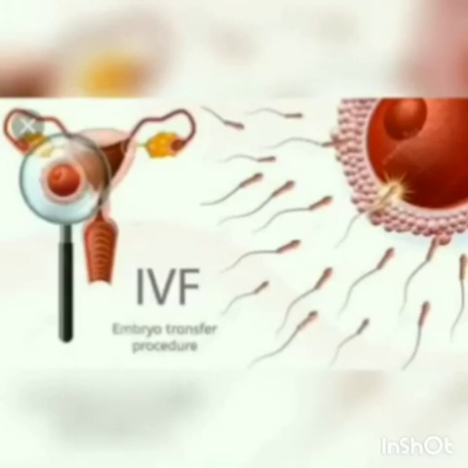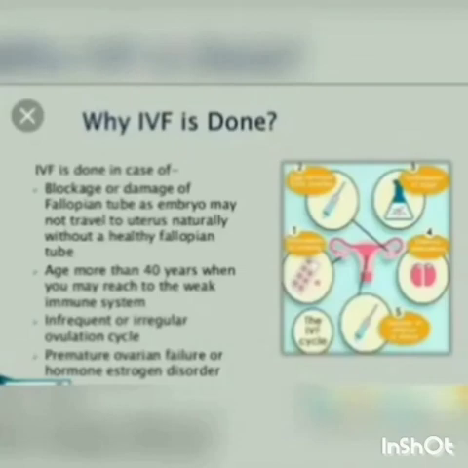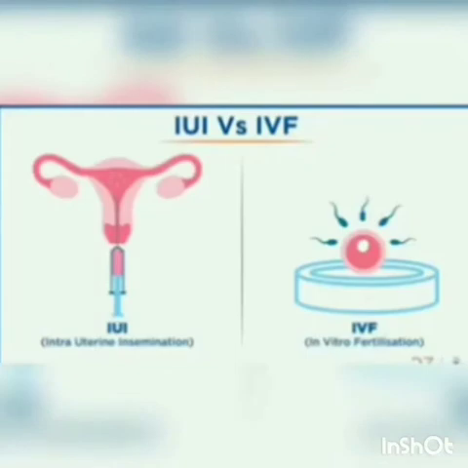So that is called in vitro, outside the body. One or more fertilized eggs may be transferred into the woman's uterus, where they may implant in the uterine lining and develop. If excess embryos are produced, they can be cryopreserved, that is, frozen for future use.